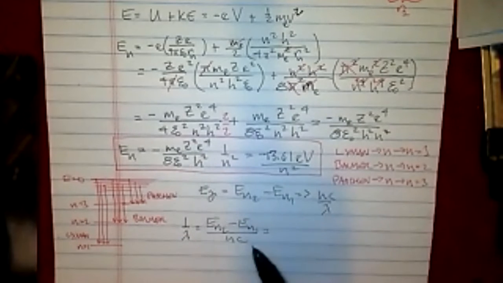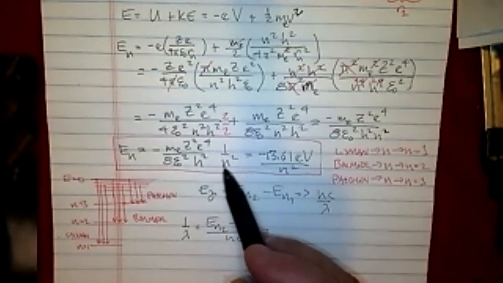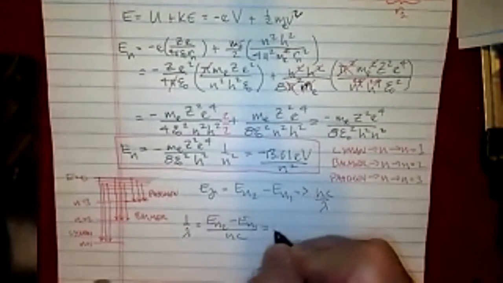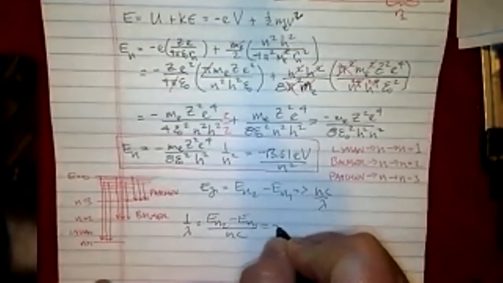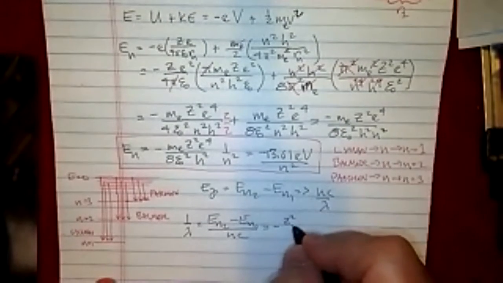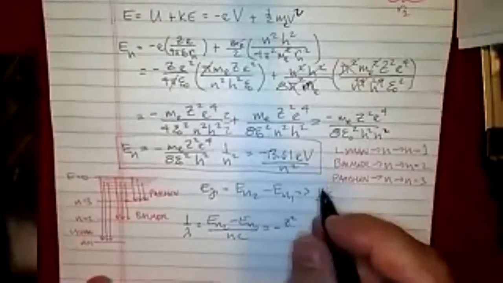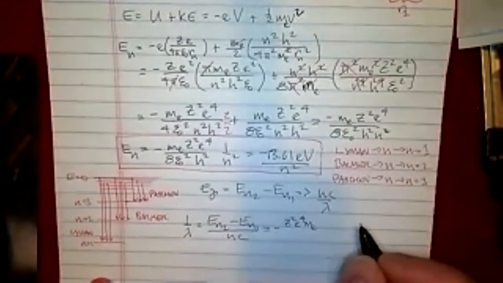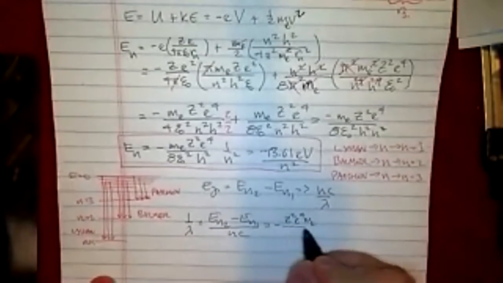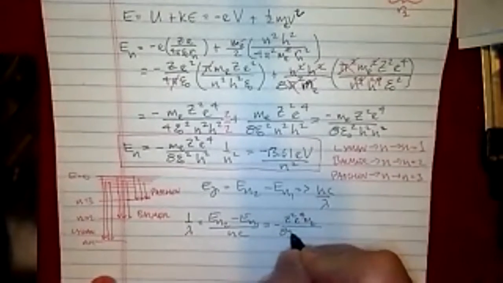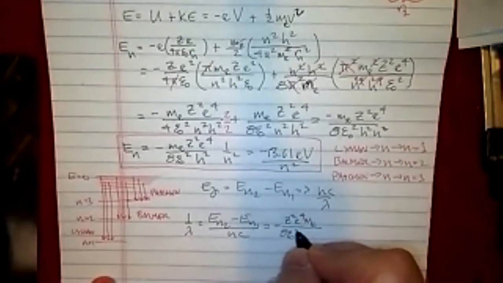If I divide that energy by hc and evaluate it for two different n's, then I'll get this. I'll say negative Z squared, I should have put the m_e first, but I didn't, so I'll say Z squared e to the fourth m sub e over 8 epsilon 0 squared.